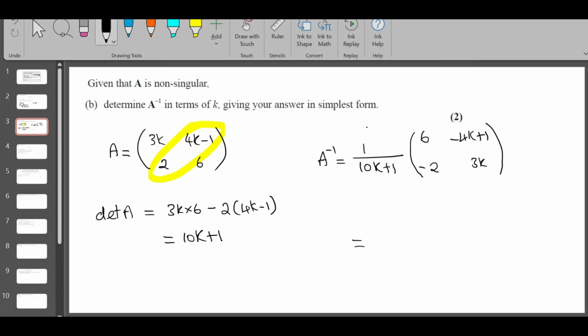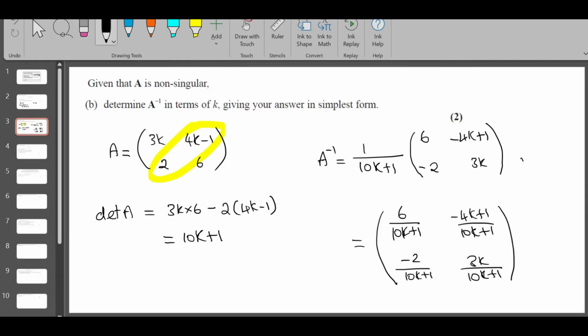Both are correct. Minus 2 over 10k plus 1, minus 4k plus 1 over 10k plus 1, 3k over 10k plus 1. Both are correct answers.